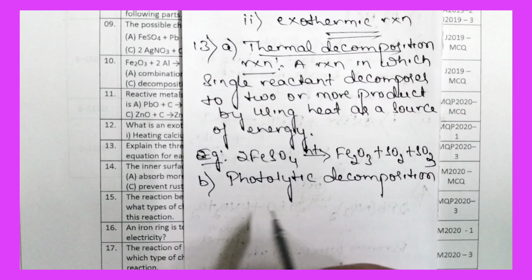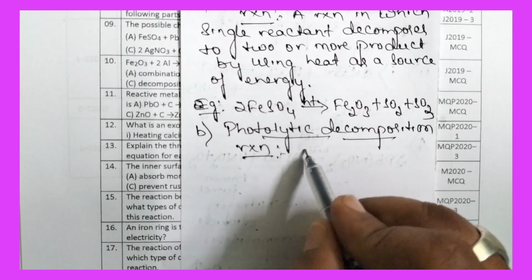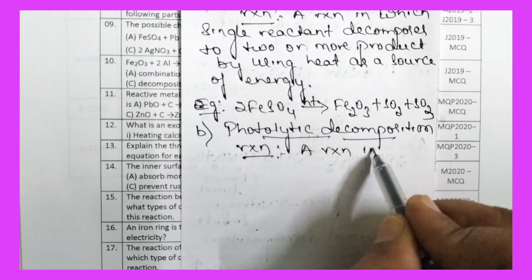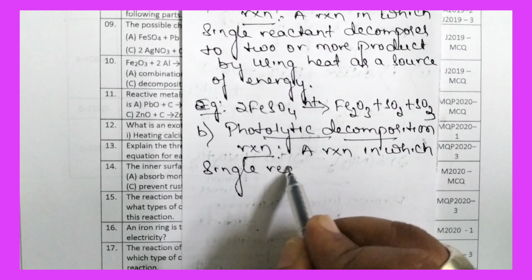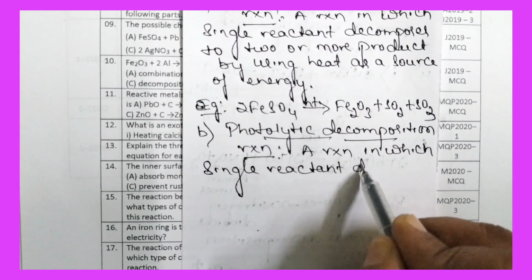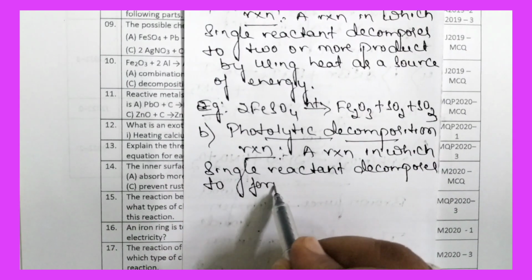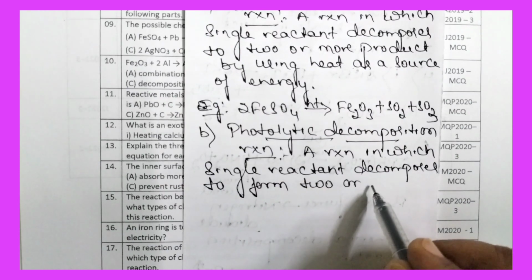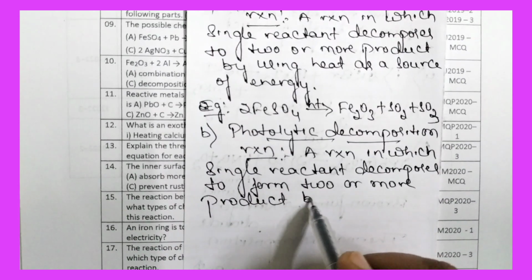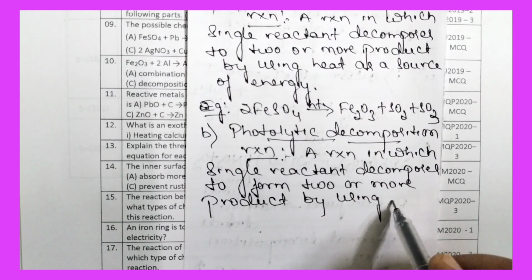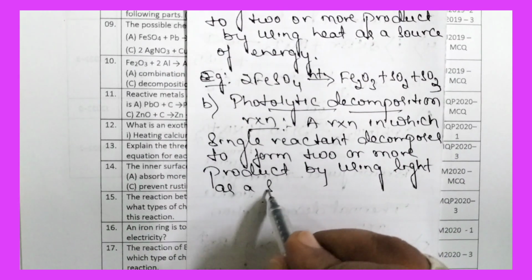The second type of decomposition is photolytic decomposition reaction, a reaction in which a single reactant decomposes to form two or more products by using light as a source of energy.